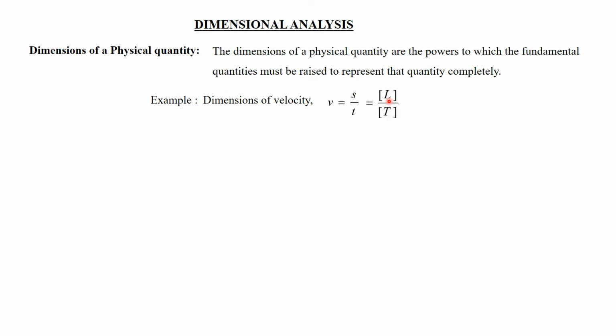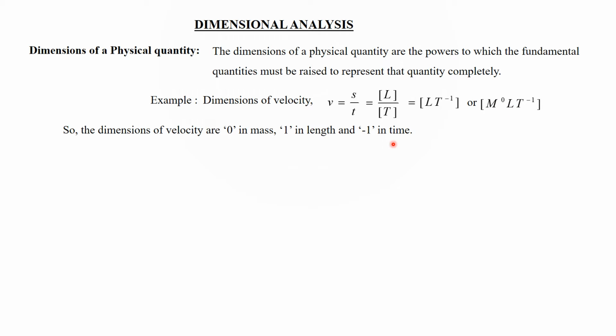Displacement is length, time is t. So what am I getting? L t to the power minus 1. Or I can write it as M^0 L T^-1, because M is not there, and anything to the power of 0 is 1. Here the dimensions of velocity are 0 in terms of mass, 1 in terms of length, and minus 1 in terms of time.